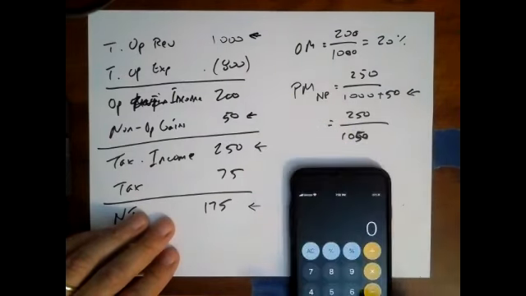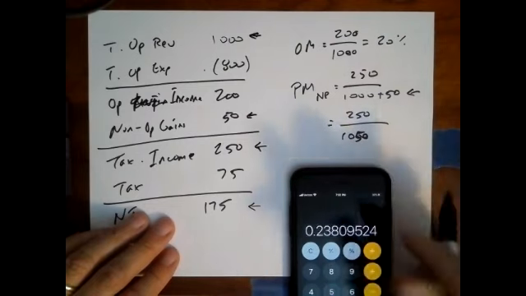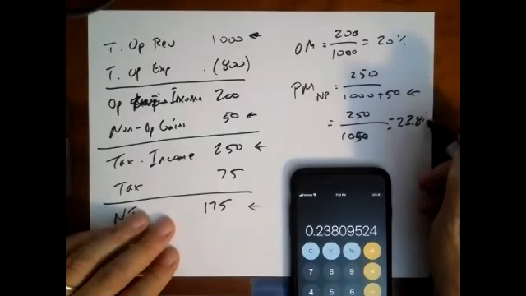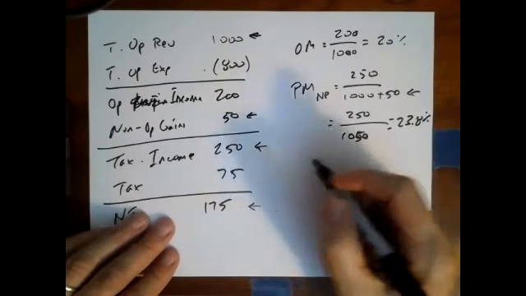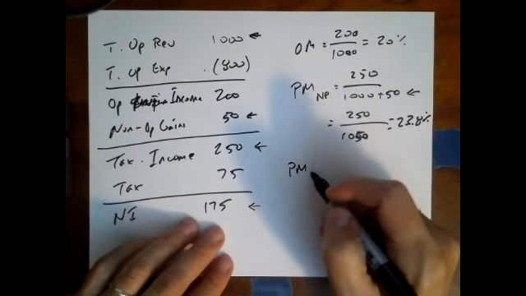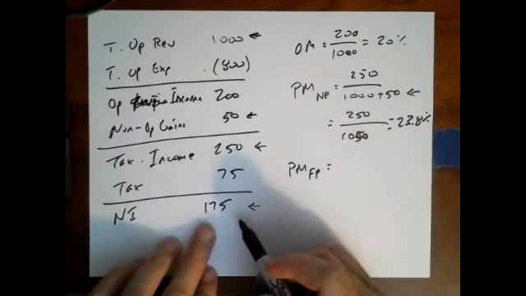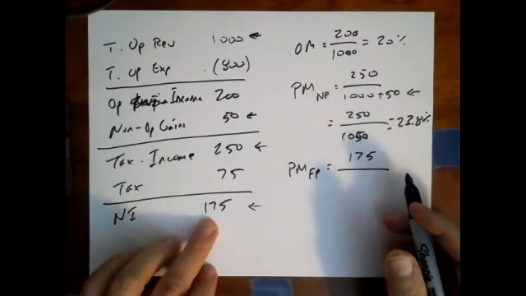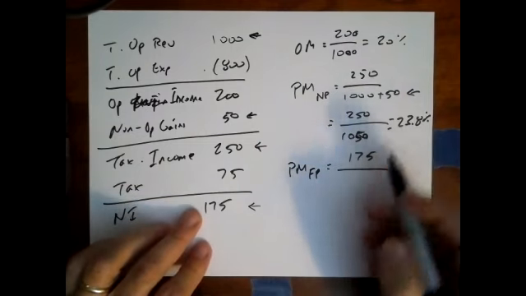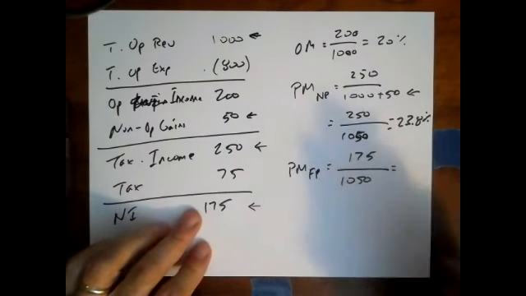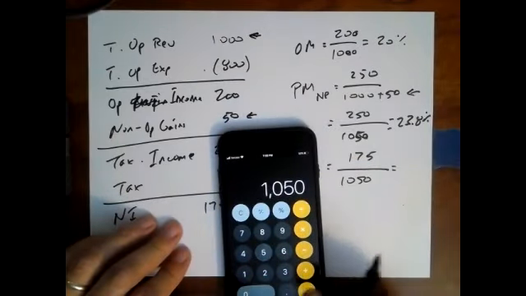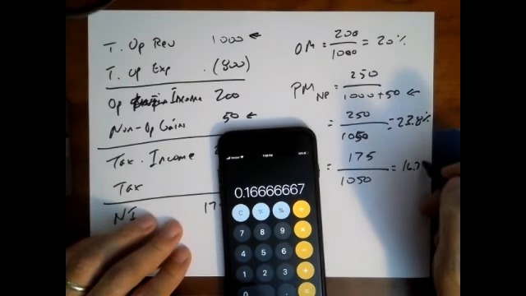So 250 divided by 1050 would be 23.8%. Okay. The profit margin for the for-profit version, you're going to now use net income of 175, right, divided by total revenues, and total revenues are still 1,050. 175 divided by 1050 gets you 16.7%.